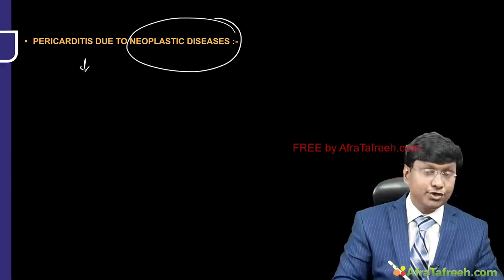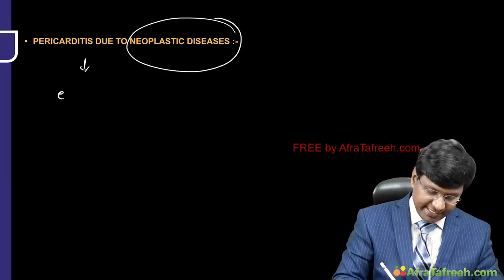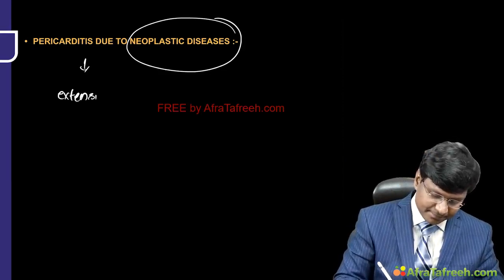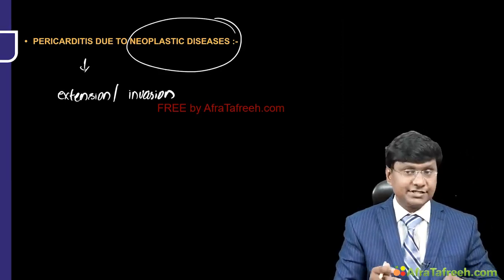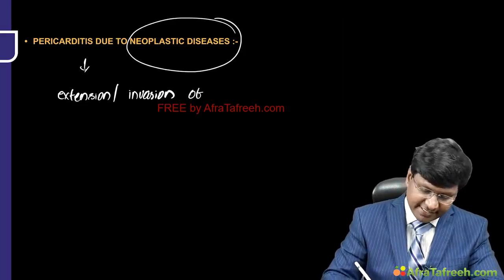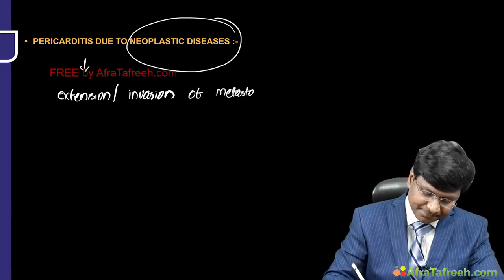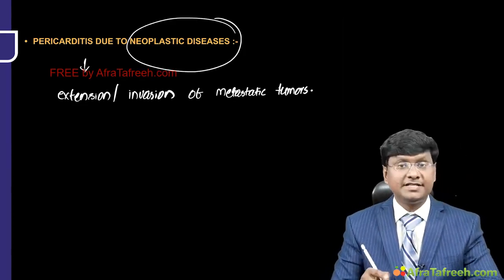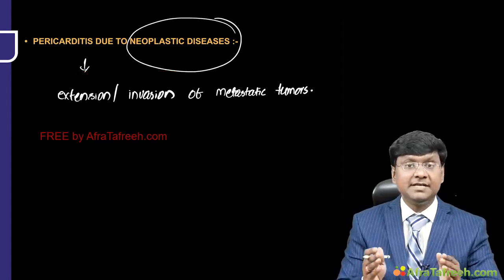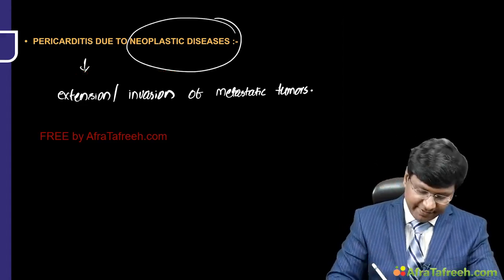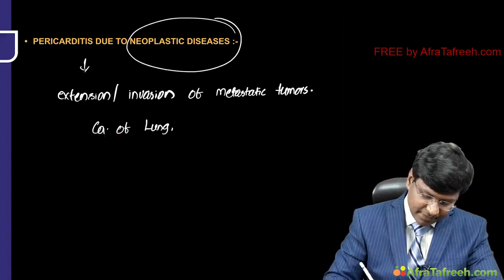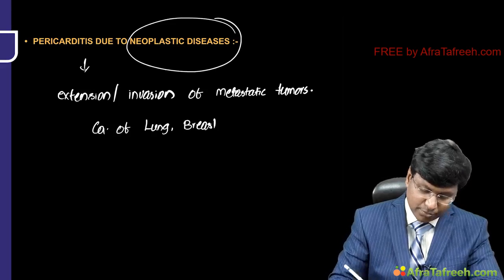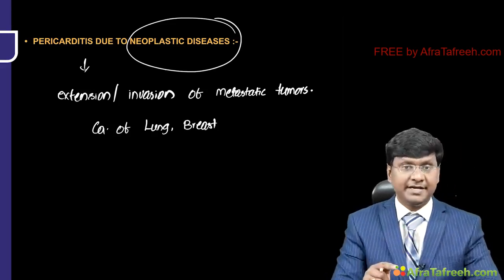Pericarditis due to neoplastic diseases is mainly due to extension or invasion of metastatic tumors. Where are they coming from? Most commonly from carcinoma of the lung, and from carcinoma of the breast extending into the pericardium.